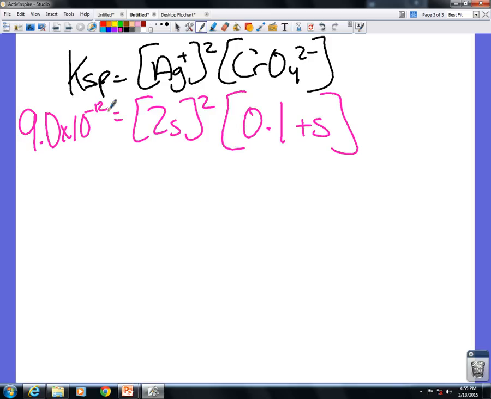Ethan, all those sheets are there on the far right if you want. Now, I've got to deal with that 0.1 plus s.